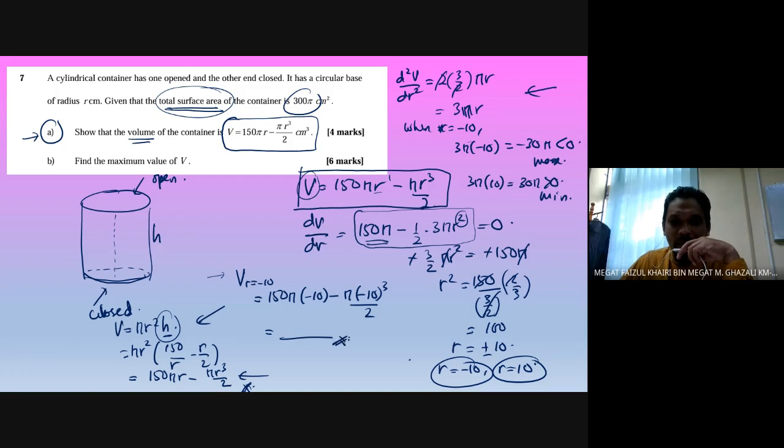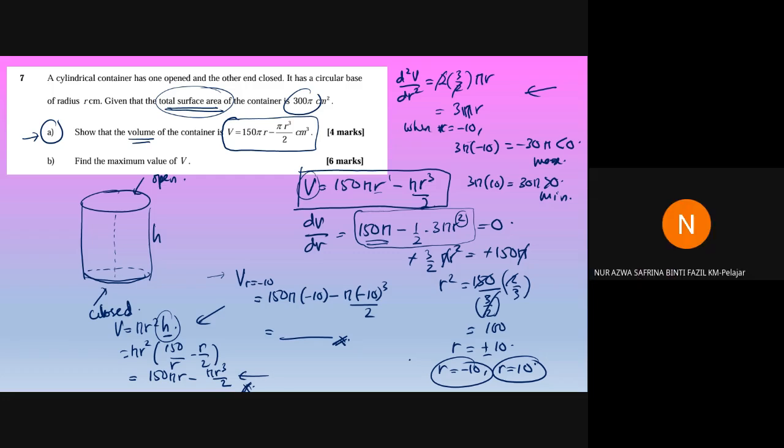So tell me what is the value of V here? Come on, one of you. Negative 1000 pi.